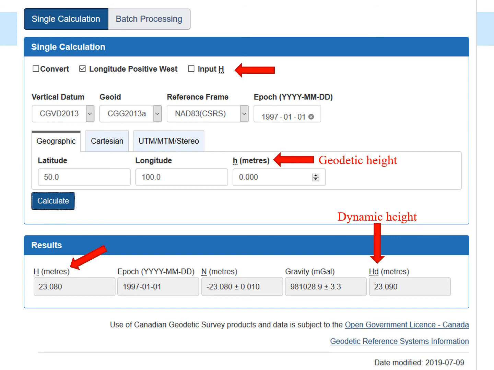The value of gravity, this is an interpolated value, and here we have the dynamic height. Okay, which is something very interesting. You know that for water applications, the orthometric height is okay, but the best height system would be dynamic height. And here we can actually see the difference. From this arbitrary point here, we have a difference of 1 centimeter between orthometric height and dynamic height.